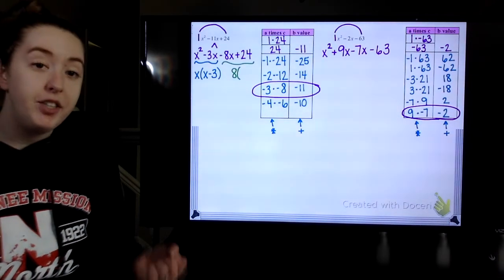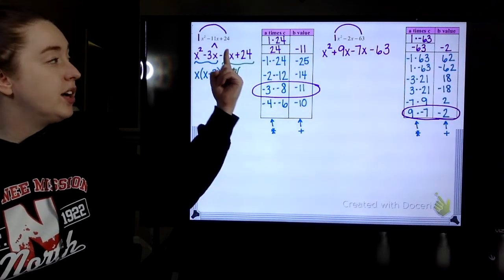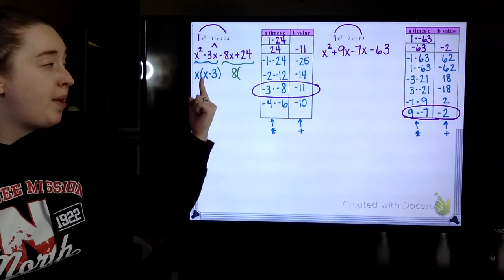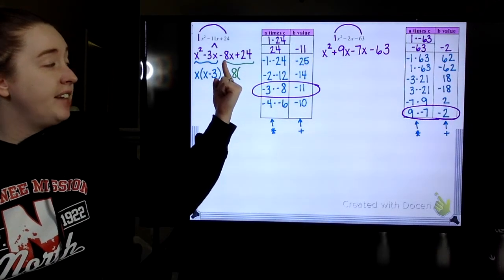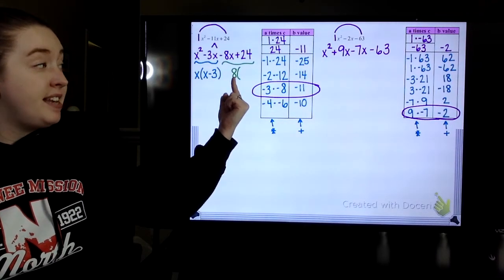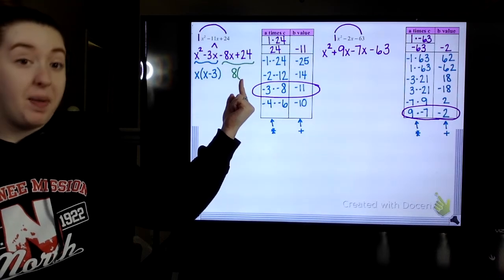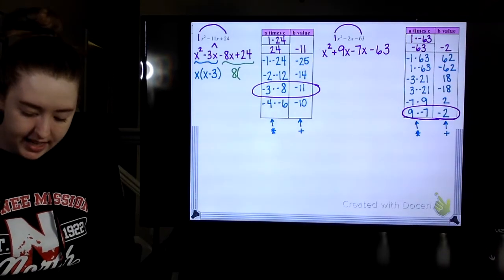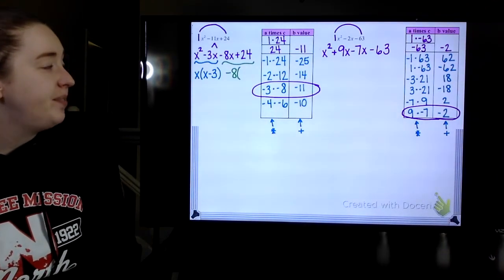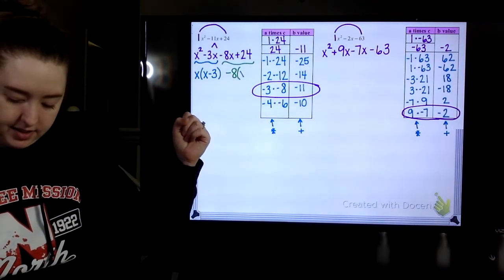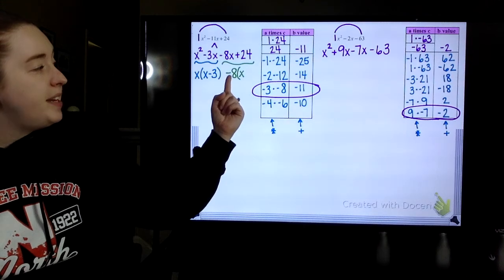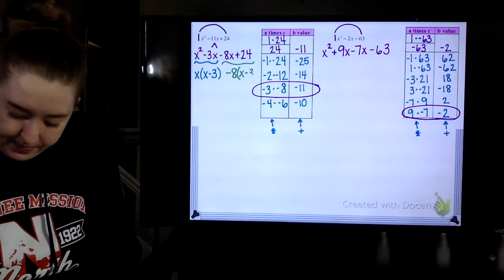So I need to make sure that when I divide this greatest common factor out, I end up with positive x minus 3. Well, if I divide negative 8x by negative 8, that's how I'll end up with a positive x there, right? So I know this 8 needs to be negative. So negative 8x divided by negative 8 is x. 24 divided by negative 8 is negative 3.